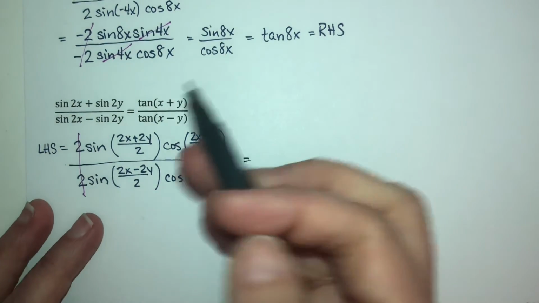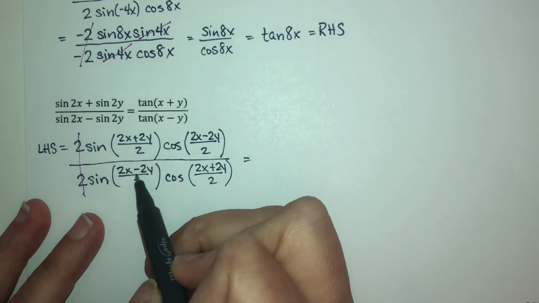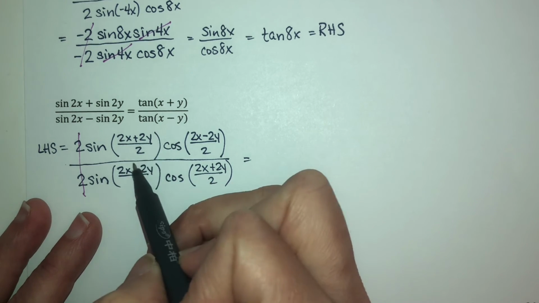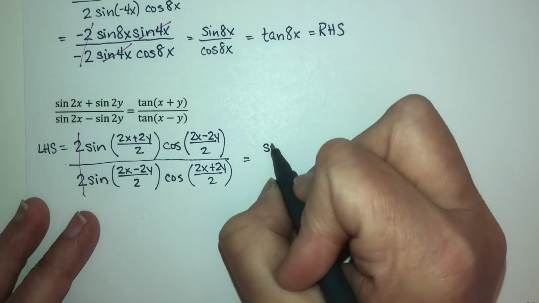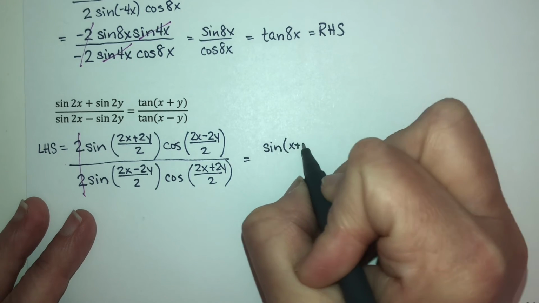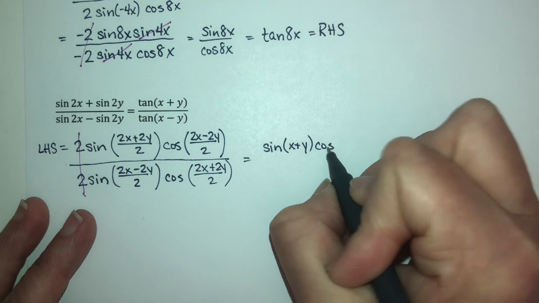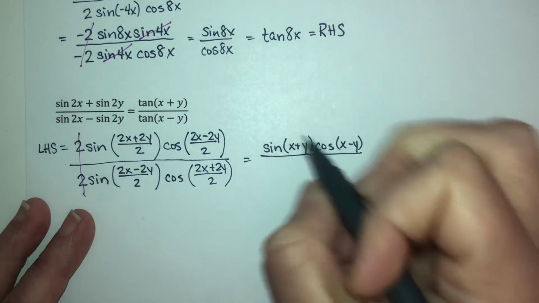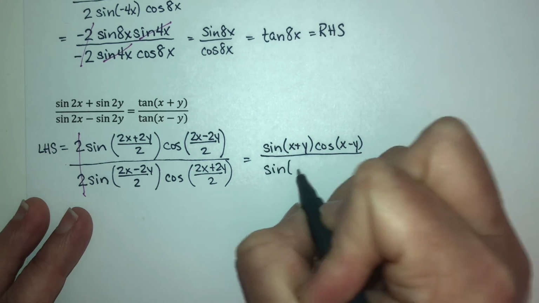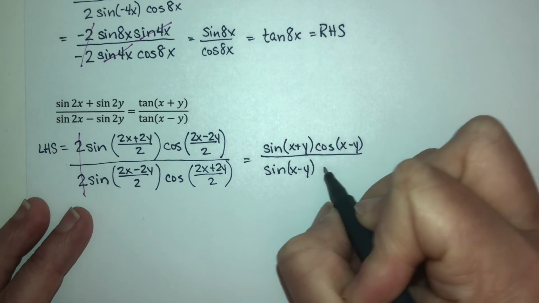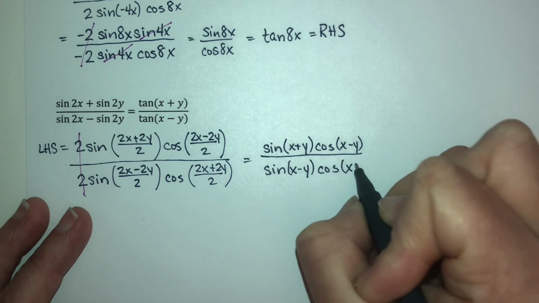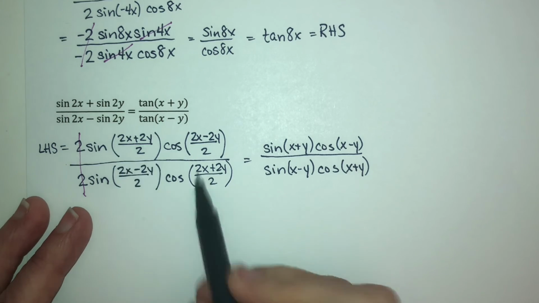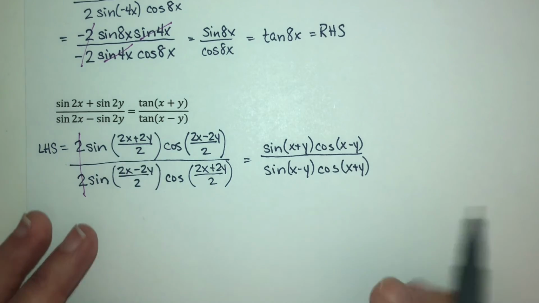And then for each of these, you can factor a 2 out and then reduce it. Or you can think of it as putting it as 2x over 2 plus 2y over 2 and then reducing it. Either way, we get sine of x plus y, cosine of x minus y, over sine of x minus y, cosine of x plus y. And that's simply reducing each of these arguments for each trig function.